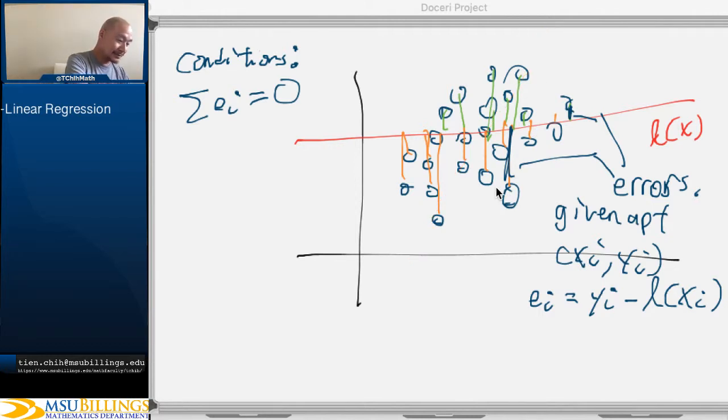It seems like you could. It does seem like you could go the other way, right? And then fix a slope like that and draw it in a way so that all of the overs and unders cancel out. So clearly, it's not enough just to say that all of the errors sum to zero.